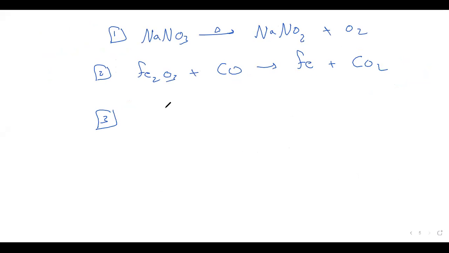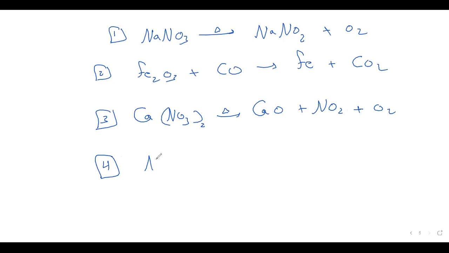Number 3, Ca(NO3)2 gives CaO plus NO2 plus O2. Number 4, NaCl plus AgNO3 gives NaNO3 plus AgCl. Try to make them now.